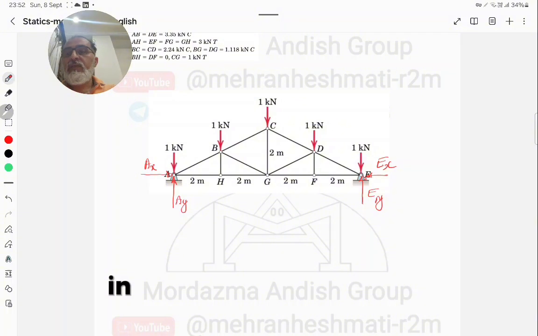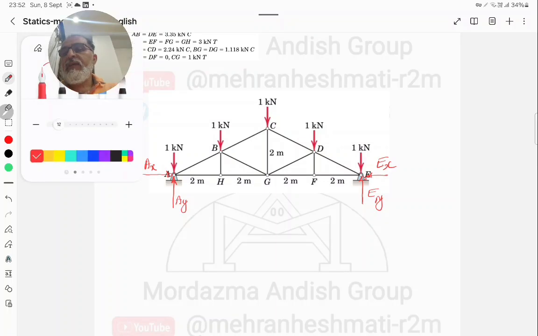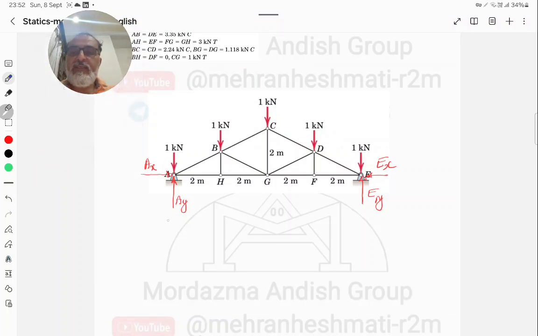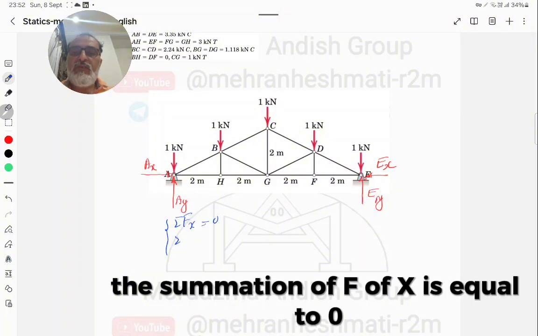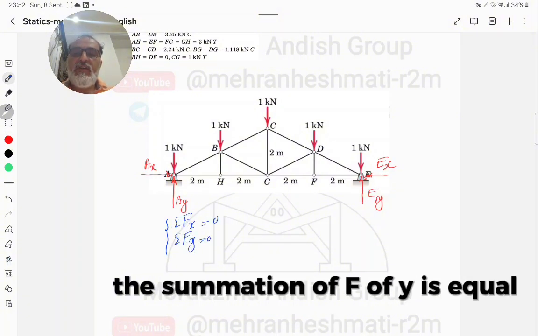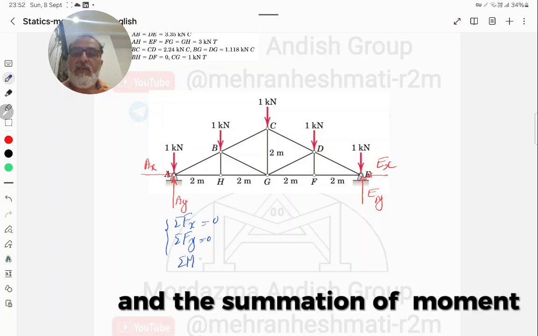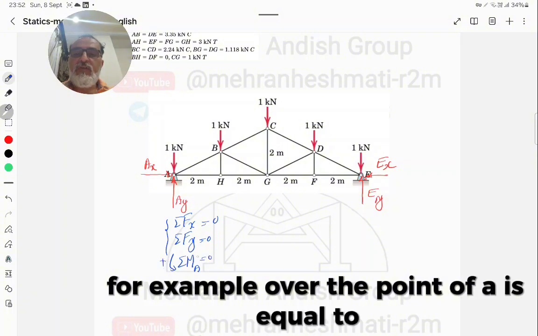You know, in two-dimensional rigid bodies we have three equilibrium equations. The summation of F of x is equal to 0, the summation of F of y is equal to 0, and the summation of moment, for example, over the point A is equal to 0.